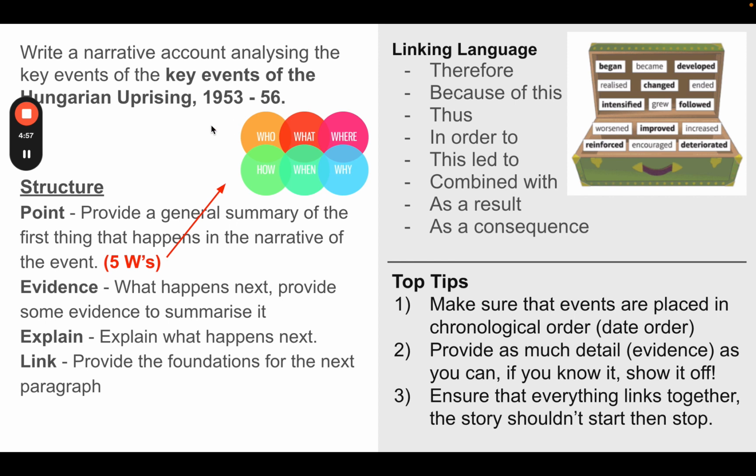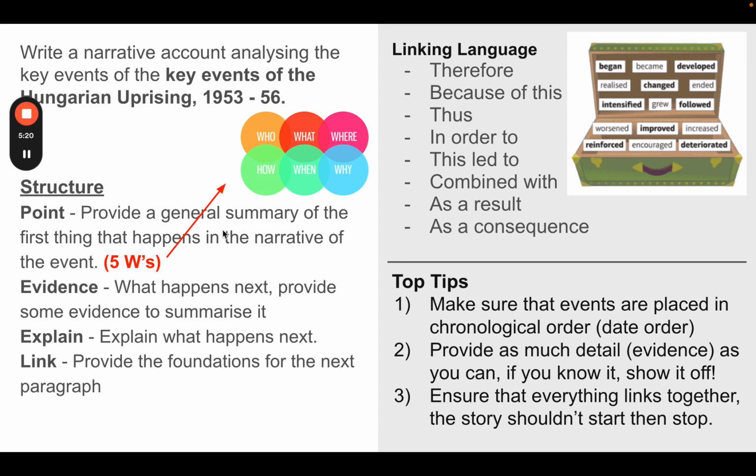Now, the structure to this question can become quite abstract, but generally speaking, you want to try and include the following things. You want to provide the point, which is going to provide a general summary of the first thing that happens in the narrative account of the event. And with this, you want to try and sprinkle in as many of the 5 W's as you can.